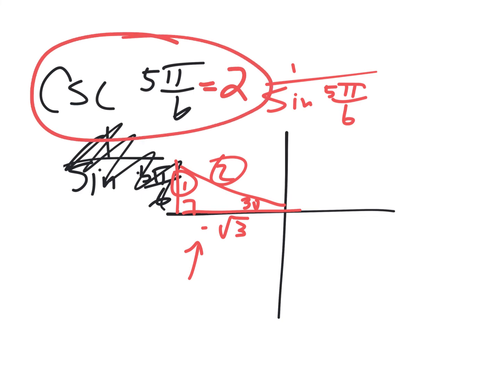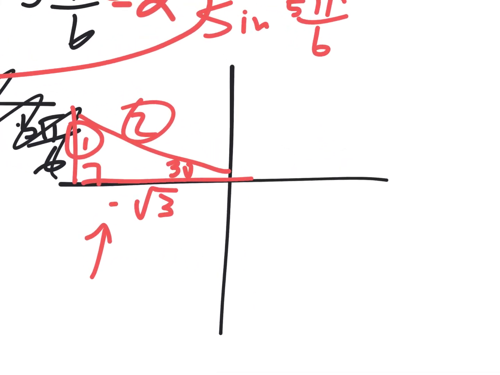So with finding the sine of 5 pi over 6, once you draw the triangle, why would it be sine of 30 instead of sine of 150? All right, remember how 5 pi over 6 is this angle? Remember how that's like 150 degrees? You can't really draw a right triangle with a 150 degree angle in it.